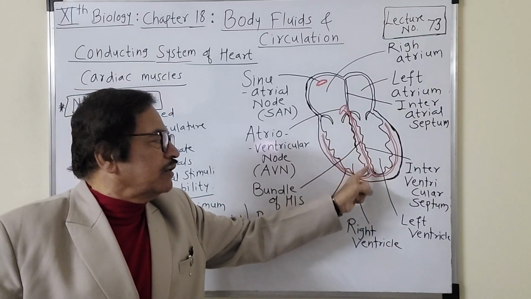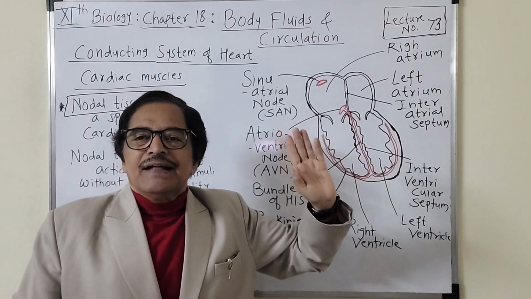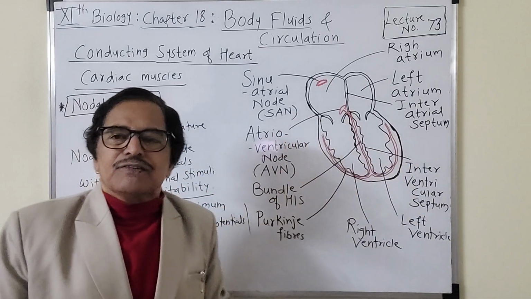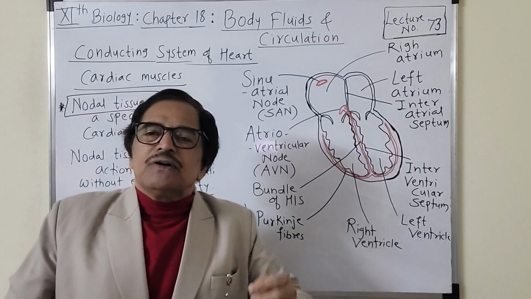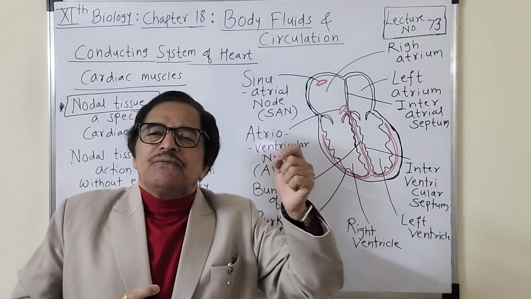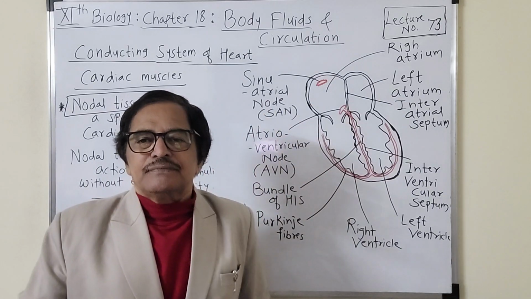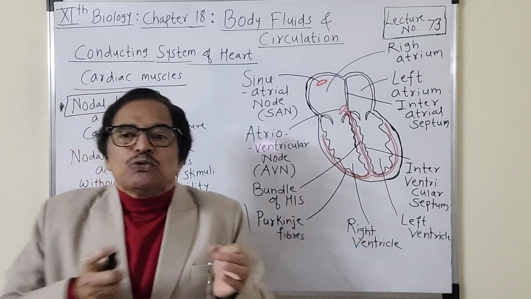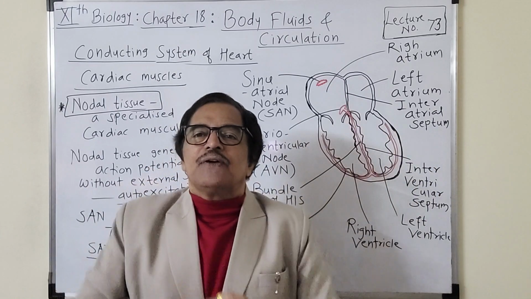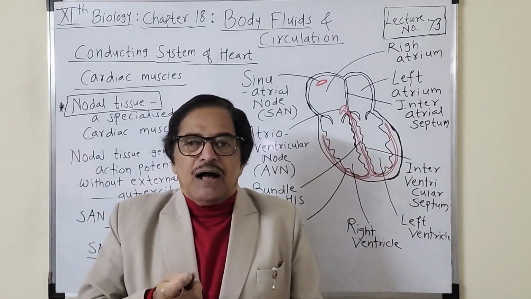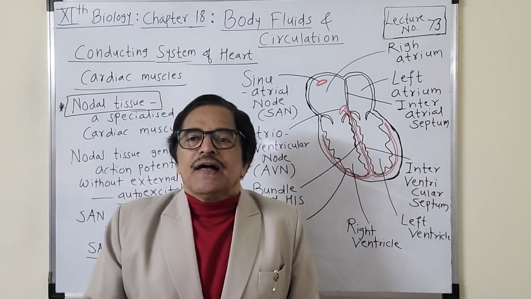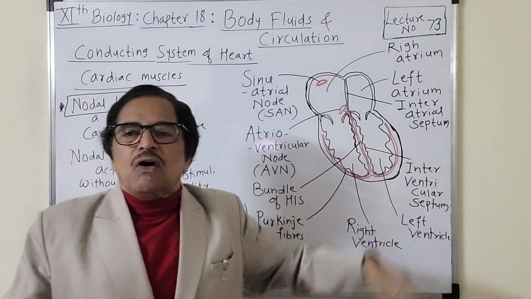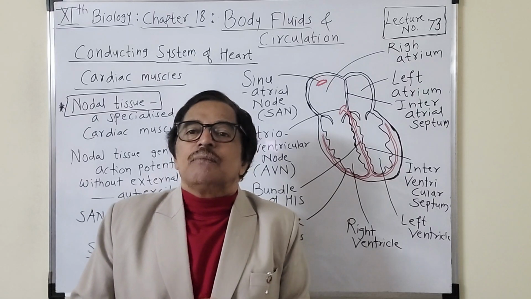Into the interventricular septum up to the tip, and then it divides immediately into the right and left branches and forms a delicate fibrous structure called the Purkinje fibers, which get distributed throughout the thick walls of the ventricle. I have discussed earlier that the wall of the atrium is very thin compared to the ventricle, but the wall of the ventricles is much thicker.